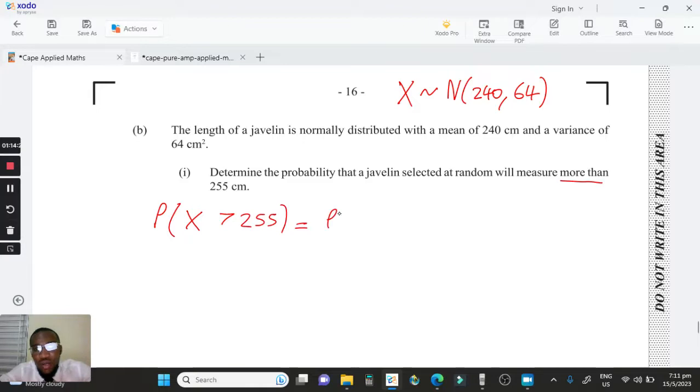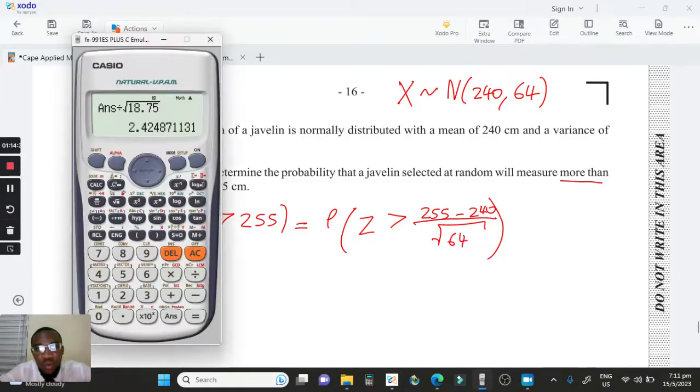So that is now the probability Z is greater than 255 minus 240 divided by the square root of 64. Right? Now, we work that out. So 255 minus 240, and we divide that by the square root of 64. Punch that in the calculator.